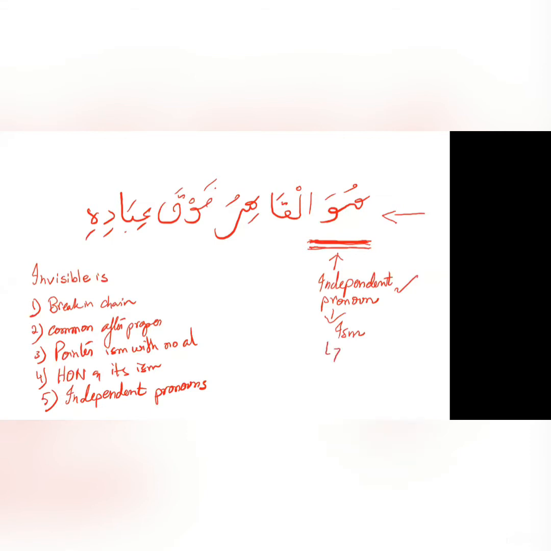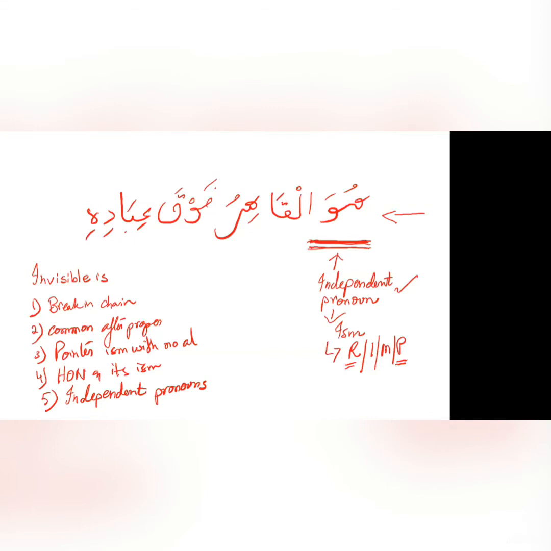Then we analyze the four properties of ism. Can anybody analyze it? What is the status? Singular, and marfu. Independent pronouns are rafa by default and can never be anything else, and they are proper always.